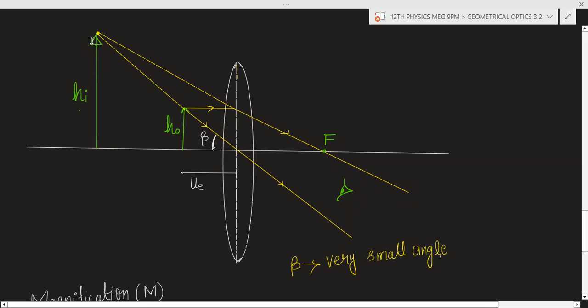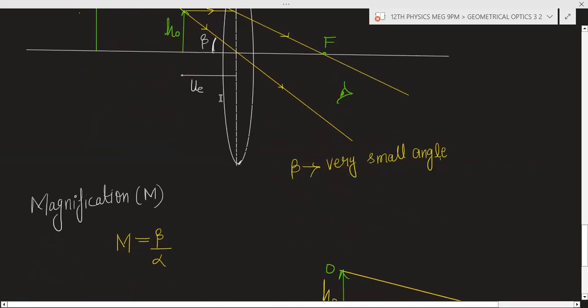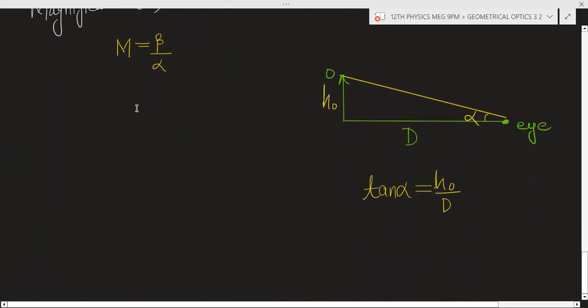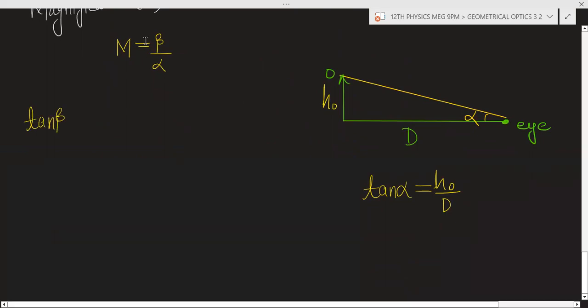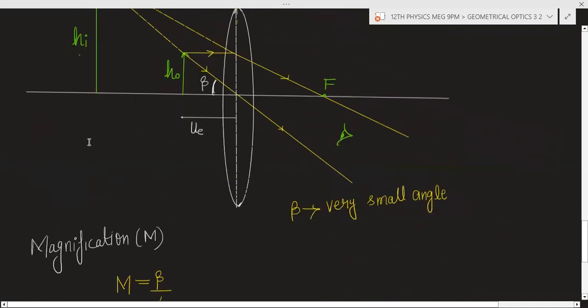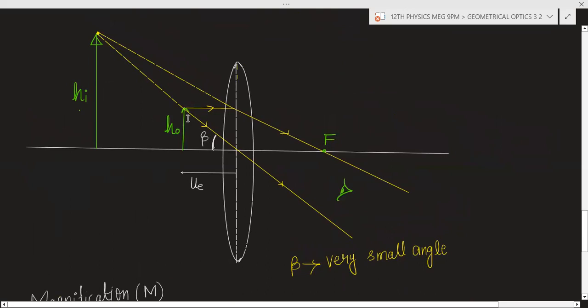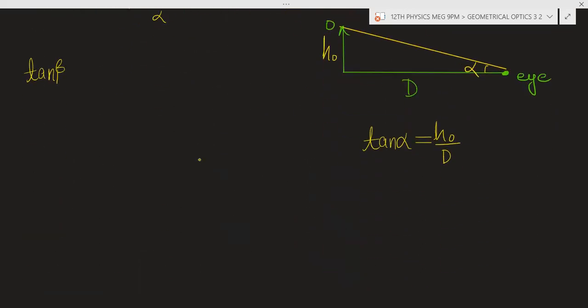Basically we want to find beta by alpha. Why I am calculating tan beta, you will know. So tan beta from this triangle will be HO divided by UE, perpendicular divided by base.